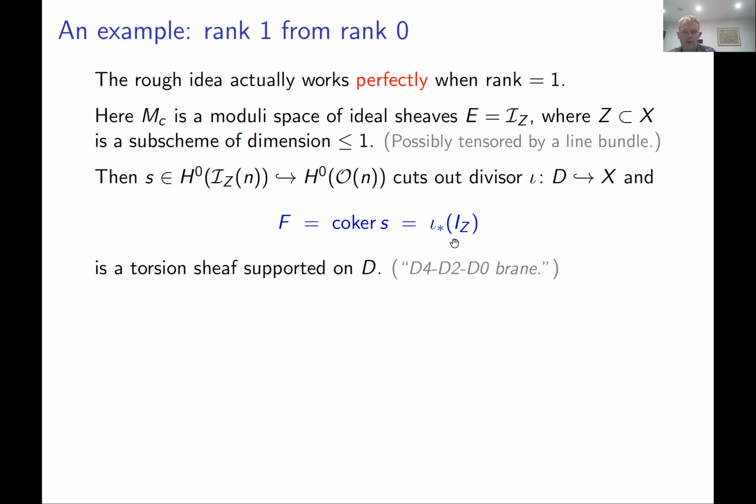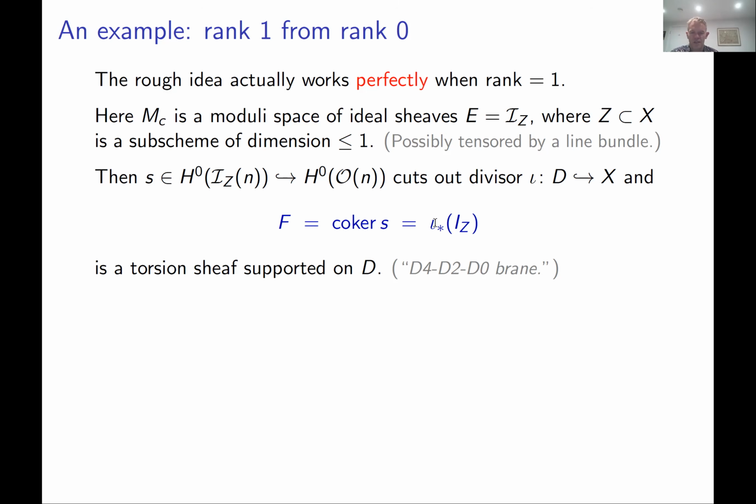Okay, and then when you work out what its cokernel is, what this F is, which has rank 1 lower, it's got rank 0. So this is some rank 0 sheaf. It's generically 0 on the Calabi-Yau, except along this divisor where it's some kind of Dirac delta.